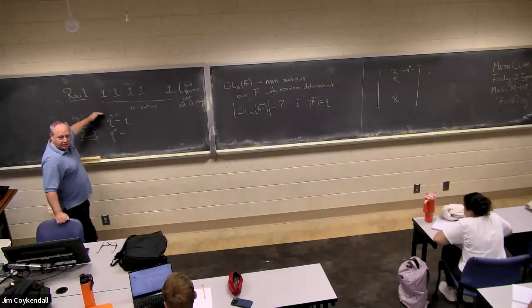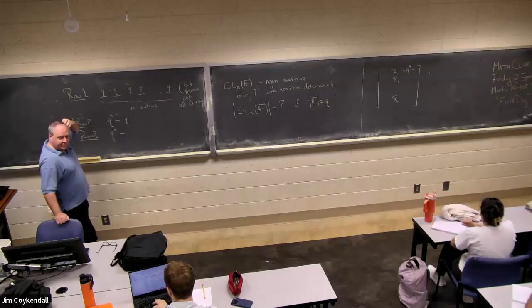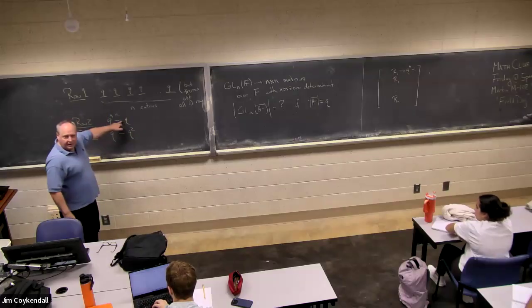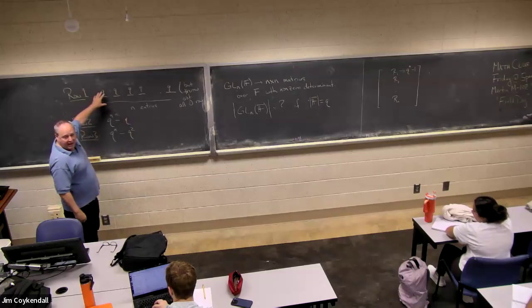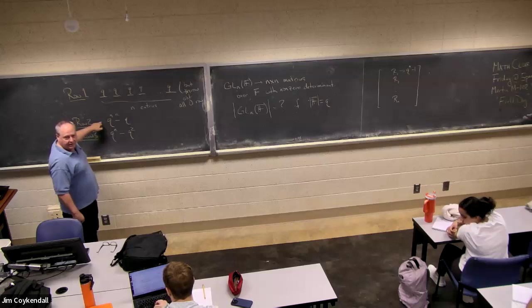But don't you also have to make sure that it's not dependent on their linear combination? Well, that's why it is Q squared. Right, because how many linear combinations do you have of the first two rows? Any Q elements times this, any Q elements times this. All right, so that's Q squared.